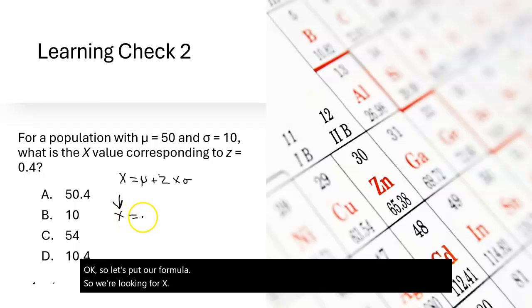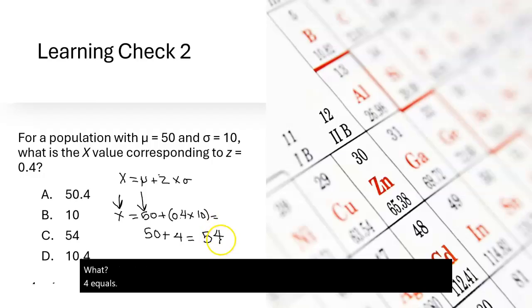So we have our population mean of 50 plus our z-score times our standard deviation of 10, and that is going to give us 50 plus 4 equals 54. So x equals 54, and that would be C.